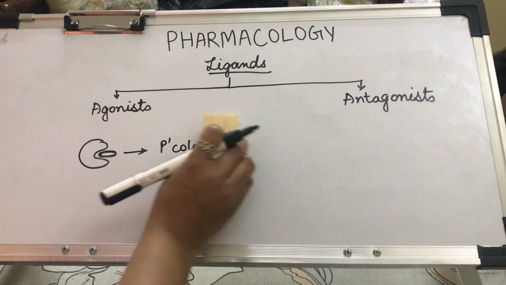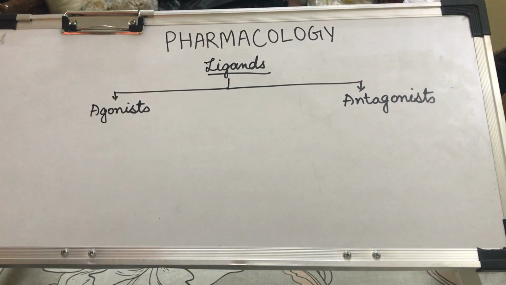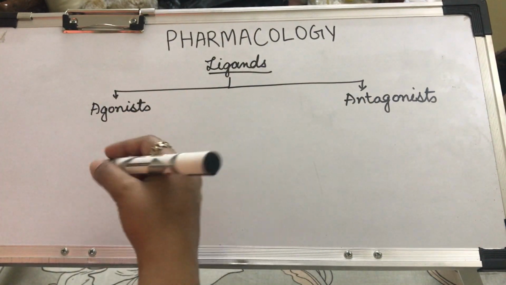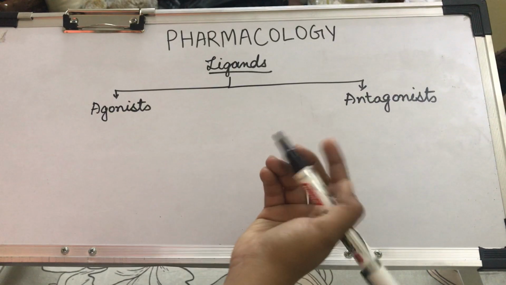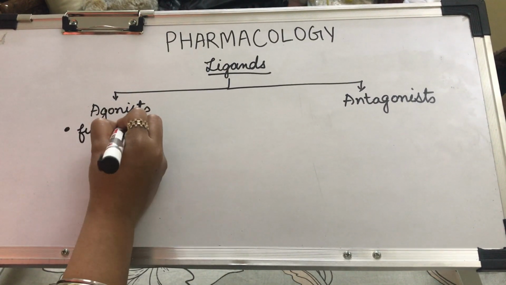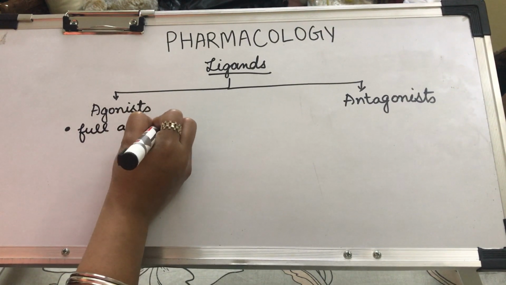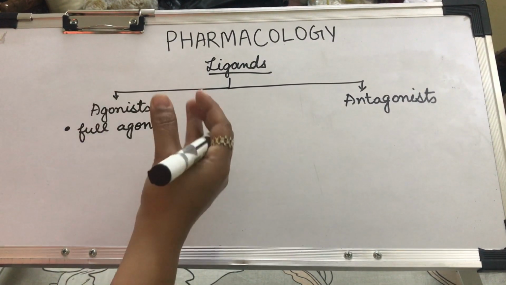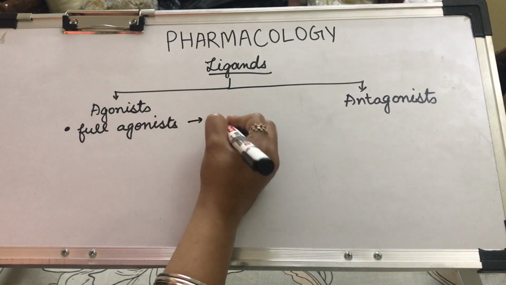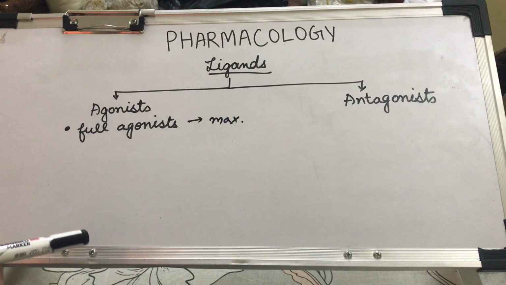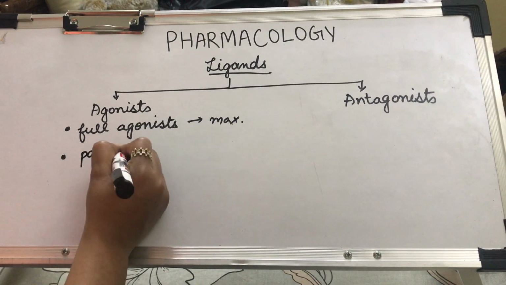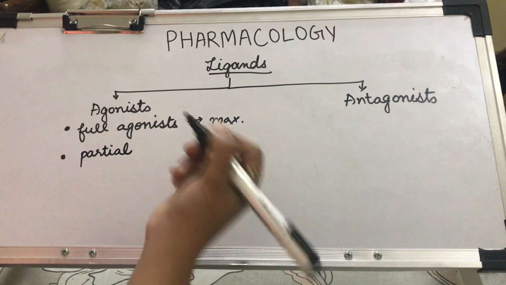Okay. Now agonists can be of further different types on the basis of the extent of response they are giving. There are full agonists. Full agonists, as the name indicates, are going to give the maximum response. There are partial agonists.